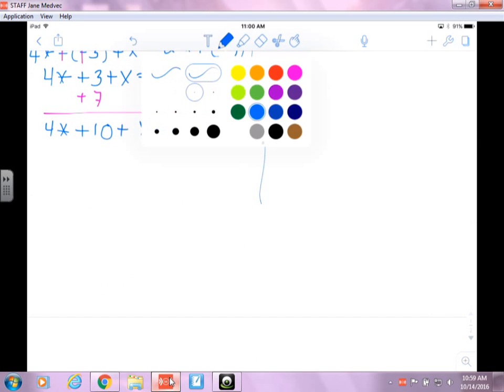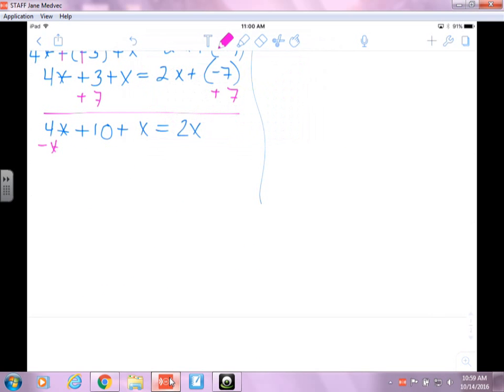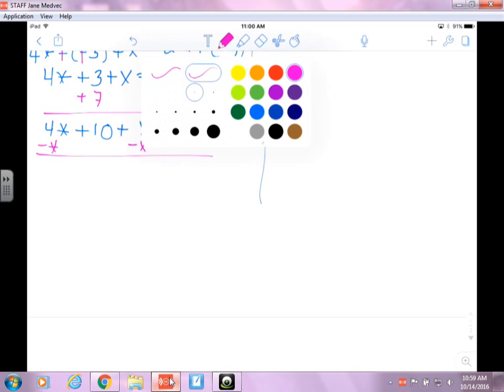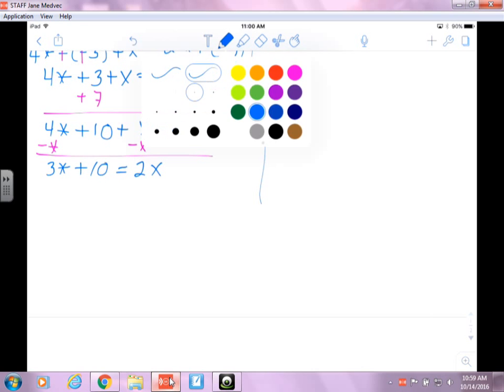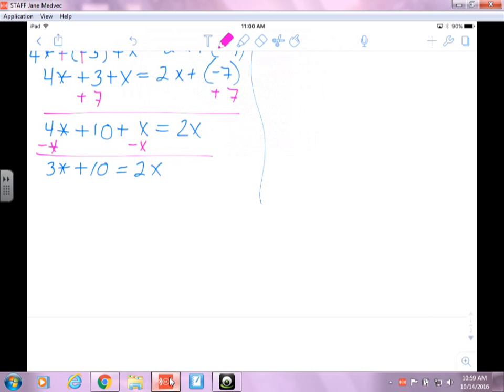I can do some exploding because they're on the same side. Again, they have to be on the same side for that to occur. So I get 3 star plus 10 equals 2x. I can't subtract 3 star from each side, so I'm going to add 3x to get that explosion. Again, I need to make sure that I show the explosion.